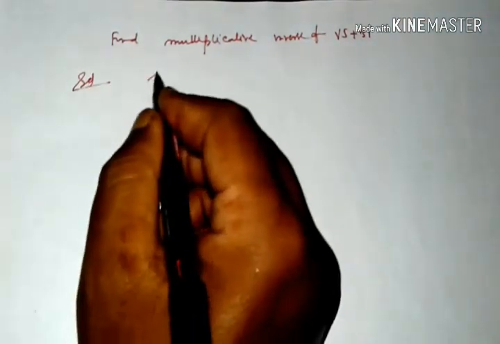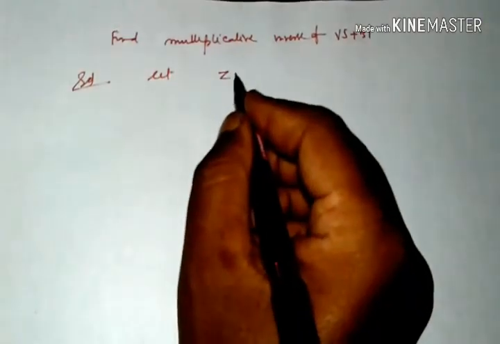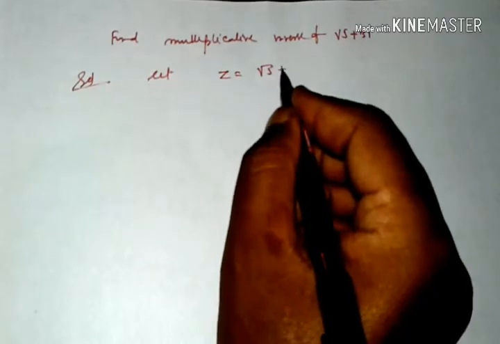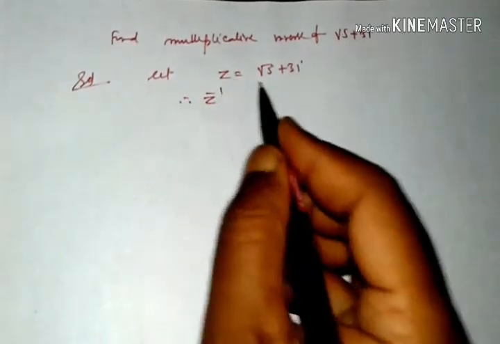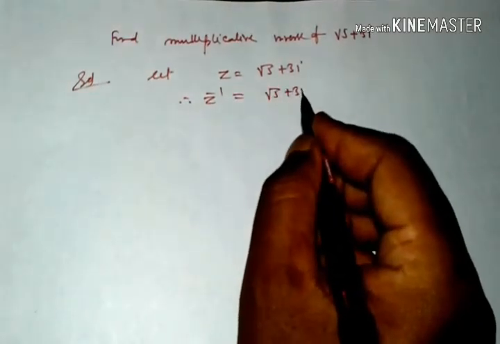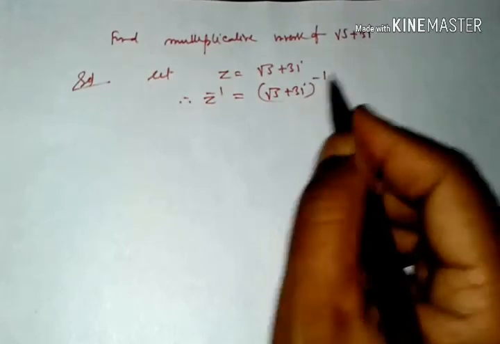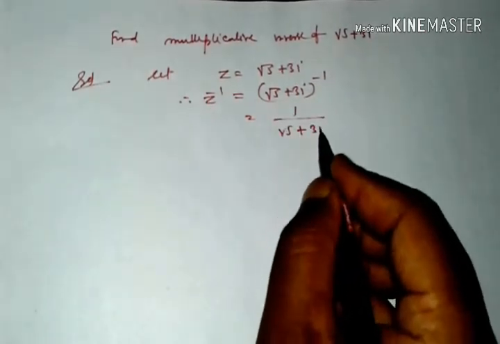Solution. Let z is equal to root 5 plus 3i. Therefore, z to the power minus 1, that is the multiplicative inverse of z, is equal to 1 by root 5 plus 3i.